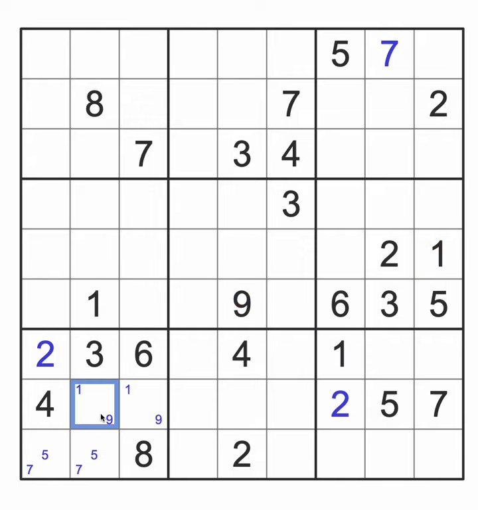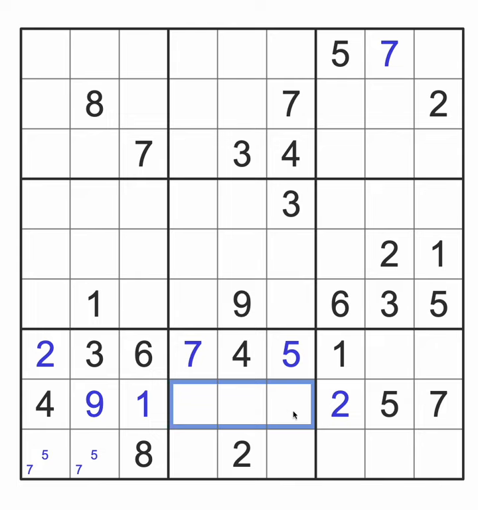Here's 1, which blocks this cell, gives me 9 and 1. And this 5, 7 and this 5 and 7 block these cells. So 5 and 7 in box 8 have to use these two cells, but here's 7 already. So this is 5 and this will be 7.